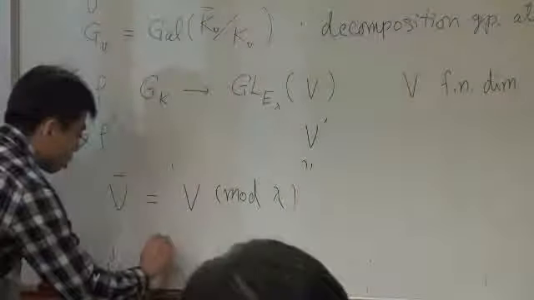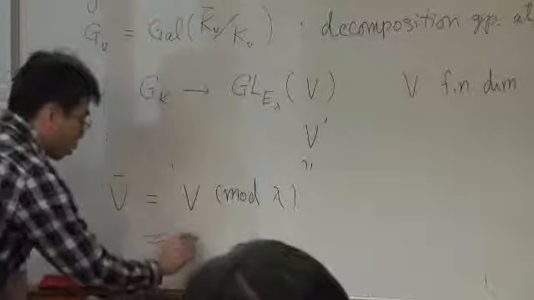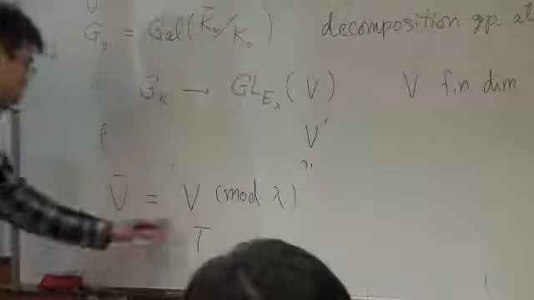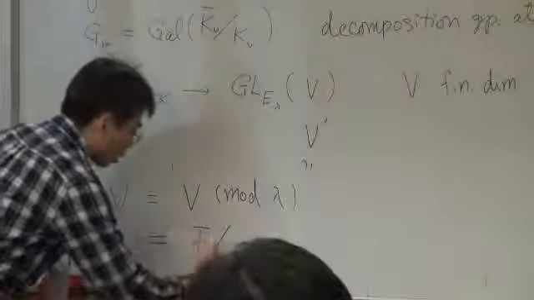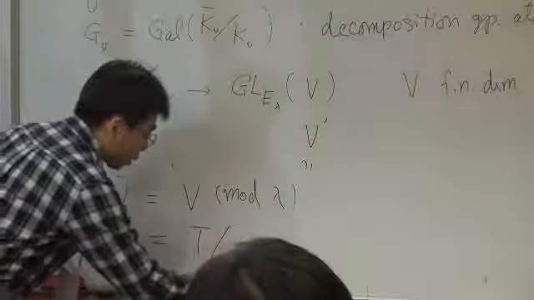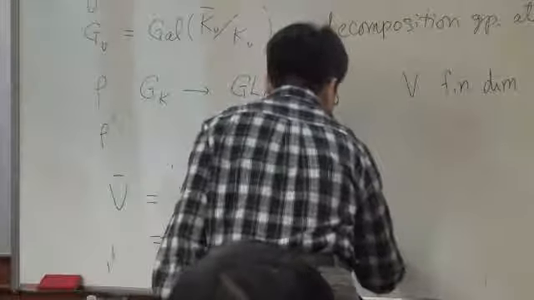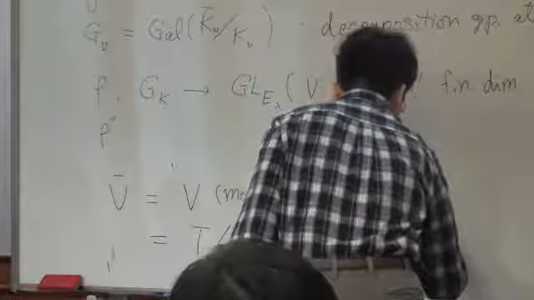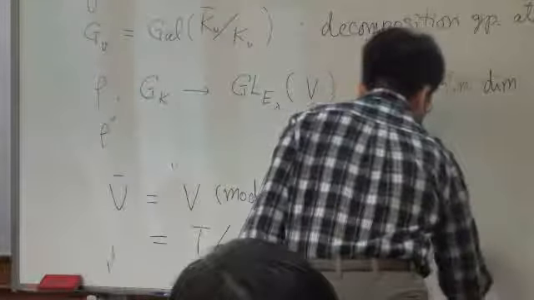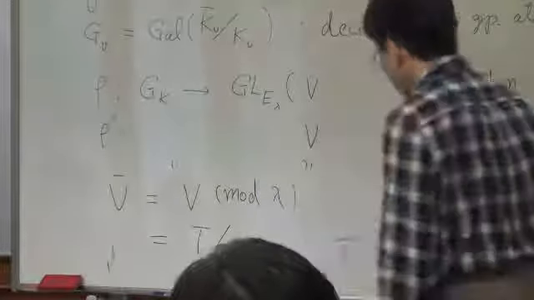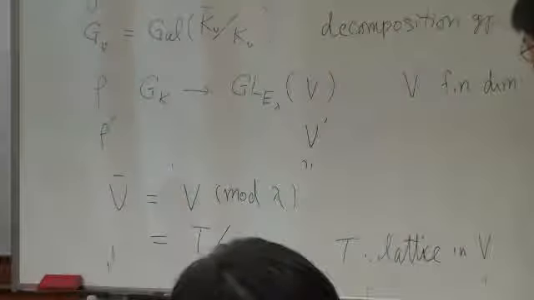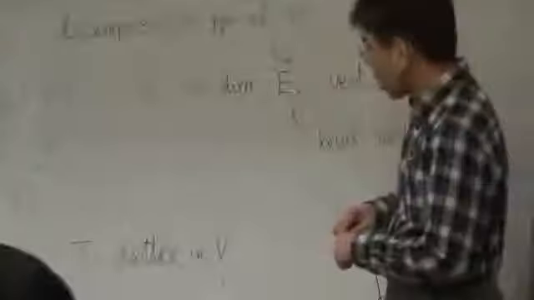This is actually choosing a lattice T in V, and taking T mod lambda T. It is a free module over the integer ring of E_lambda which is Galois stable.